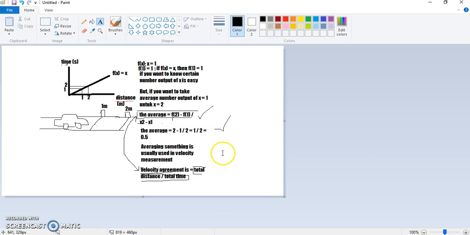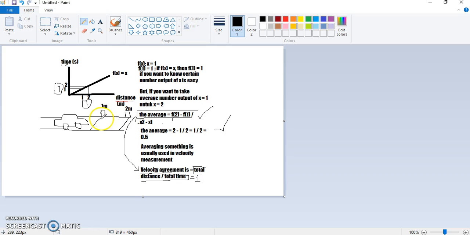If that's correct, the total distance is 2 minus 1, which is 1, and the total time is 2 minus 1 also, which is 1. So velocity is total distance, in this case 1, per total time, in this case 1. So 1 per 1 is equal to 1.